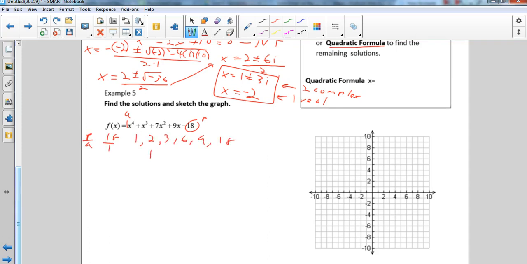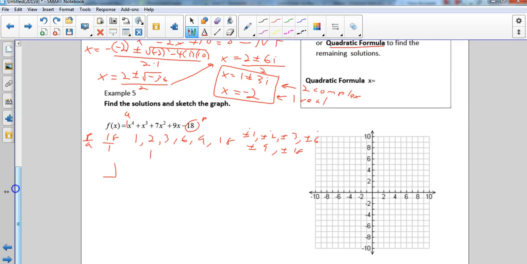Which gives me plus or minus 1, plus or minus 2, plus or minus 3, plus or minus 6, plus or minus 9, plus or minus 18. 2, 4, 6, 8, 10, 12 possible answers. So at the same time, I would put this in the calculator and find out some of my possible answers. And that would be 1 and negative 2.